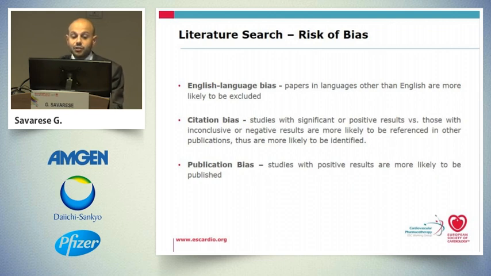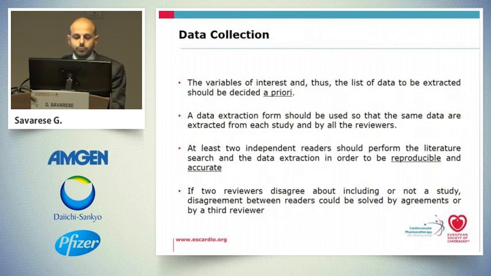There could be a citation bias. It means that studies with significant or positive results are more likely to be included in the meta-analysis because they are more likely to be referenced and thus to be identified. And then we can have a publication bias, meaning that studies with positive results are more likely to be published.